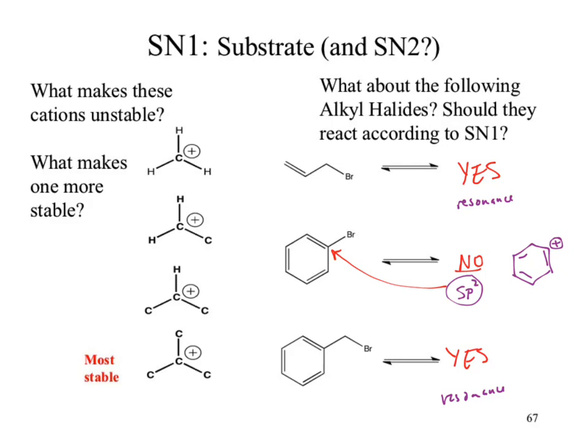SP. It's now even more electronegative and you're trying to put a positive charge on it? Not only a positive charge, but also no octet. So everything about that structure is screaming, this is horribly a bad idea.